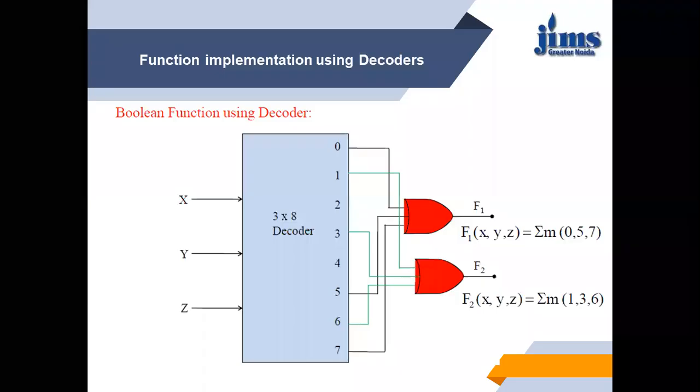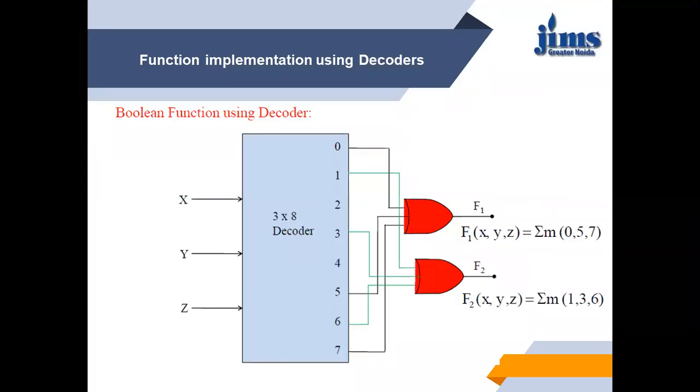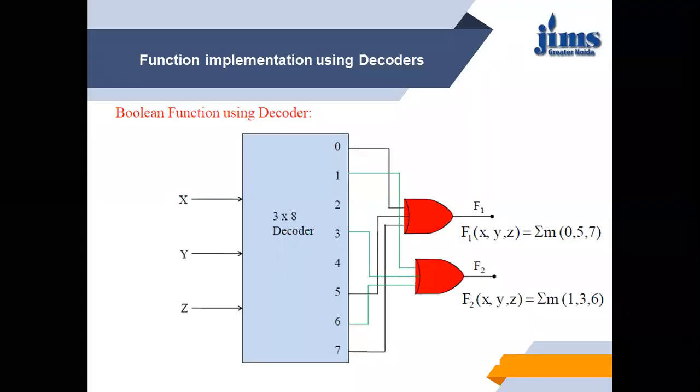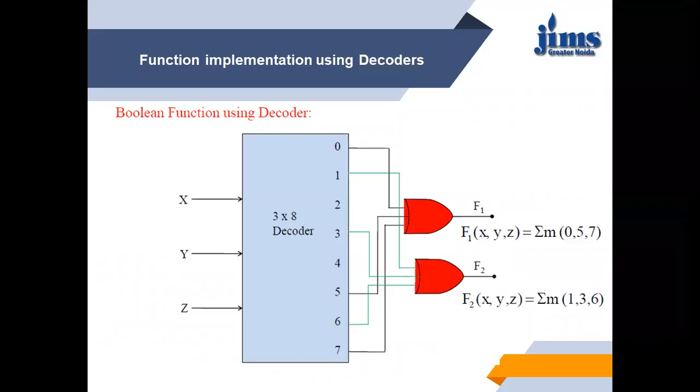We have used a 3:8 decoder with three inputs X, Y, Z, two outputs F1 and F2. F1 is 0, 5, 7, F2 is 1, 3, 6. So this is the way we construct a ROM with the help of decoder and OR gates.